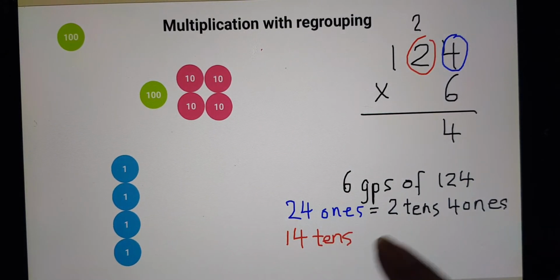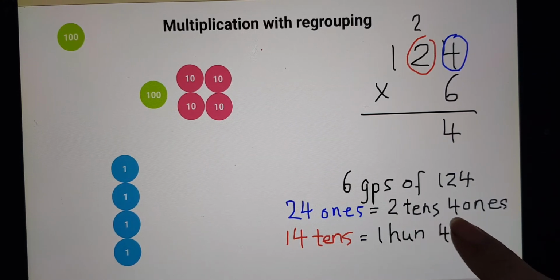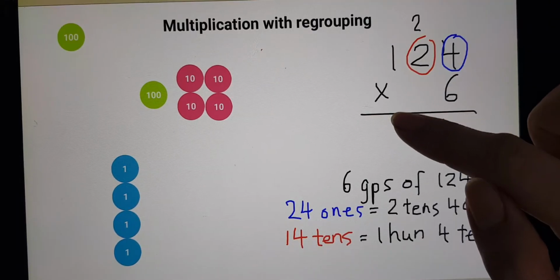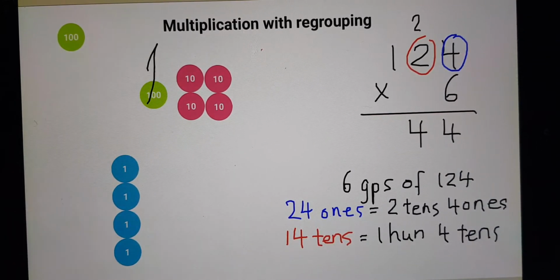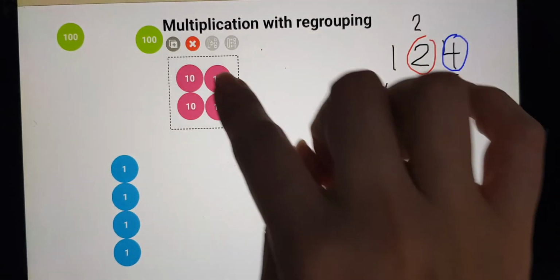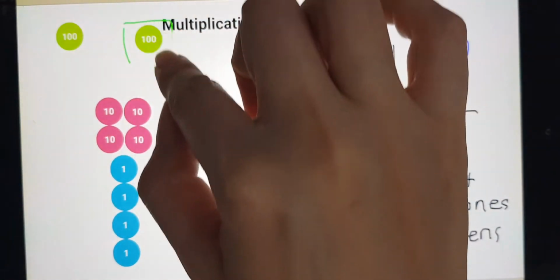Yes, so 14 tens is the same as 1 hundred and 4 tens. The 4 tens, I'm just going to put in the tens place here. And the hundred, I'm going to regroup with the hundreds. Now I'm going to circle it so that you know that it has been regrouped. This is the regrouped one.